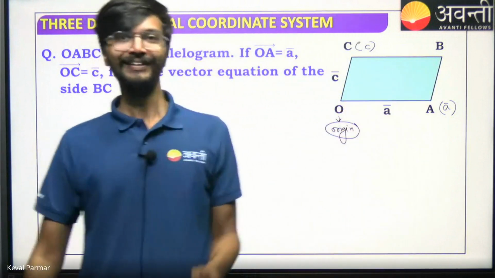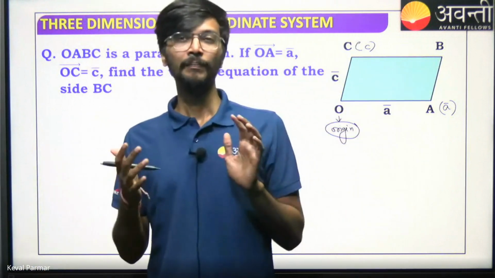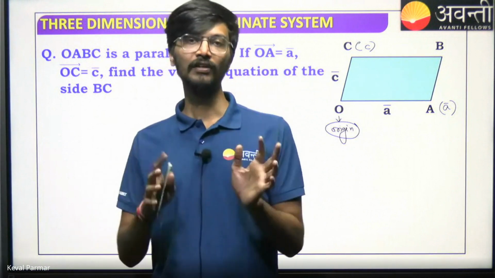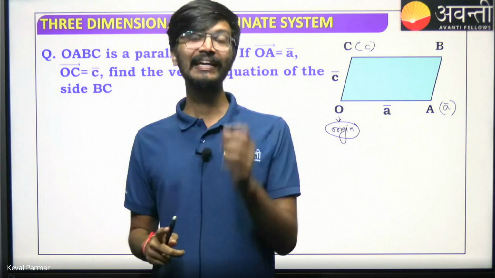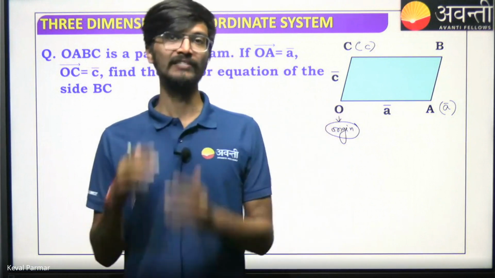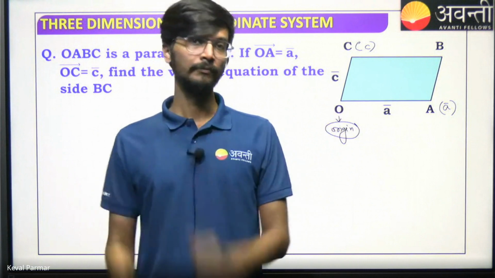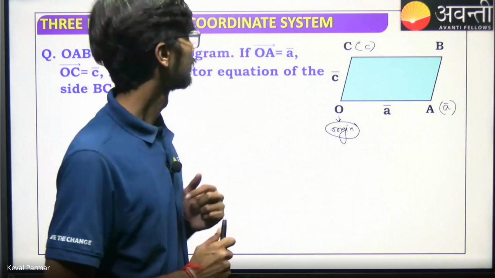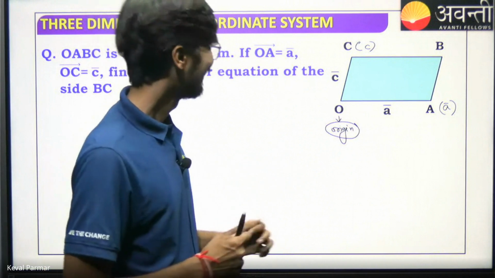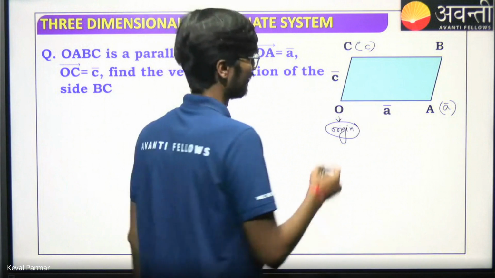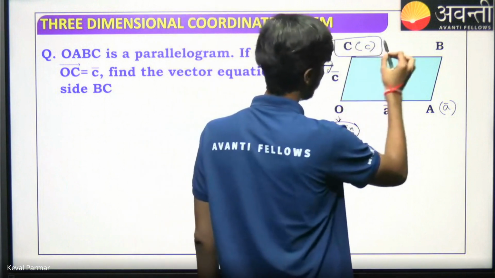Now, no worries. Every time we have to find an equation, we look for two things. First is a point. Second is the DRS, which means a vector along the line. Here, can we see any point which is given? Yes, this is the point.